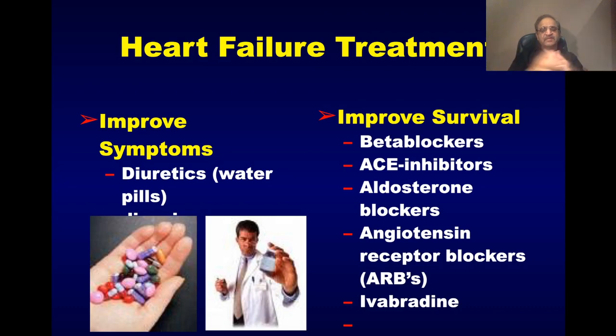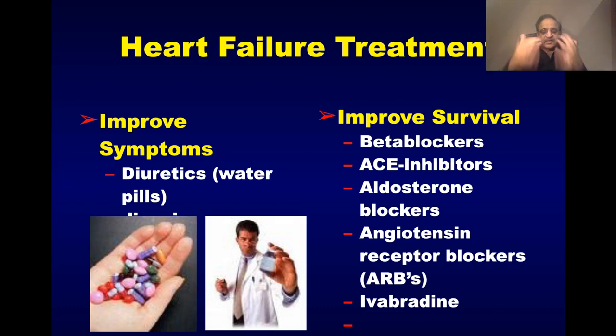A number of trials have shown that ACE inhibitors are beneficial in patients with congestive cardiac failure. They improve morbidity as well as mortality in patients with heart failure because there is increased renin angiotensin system activity.